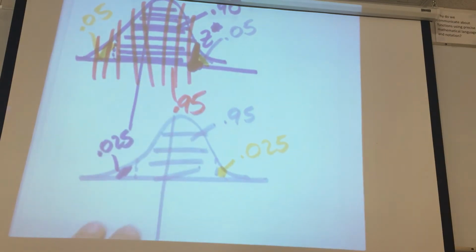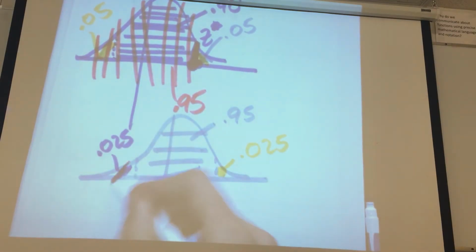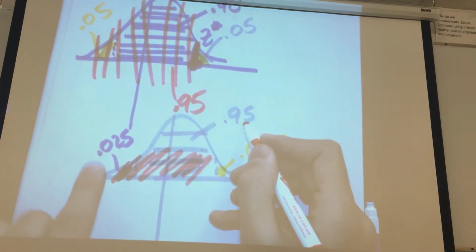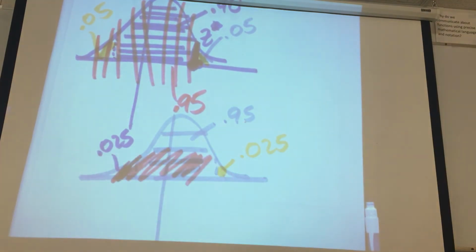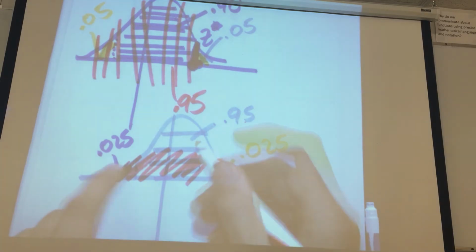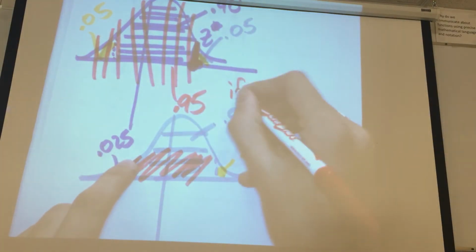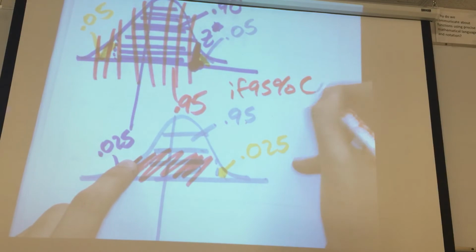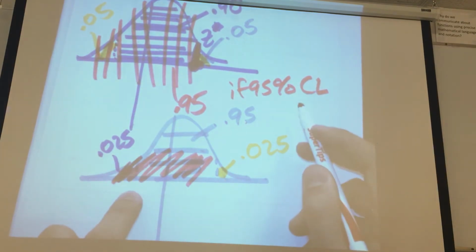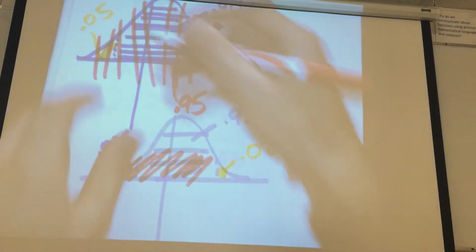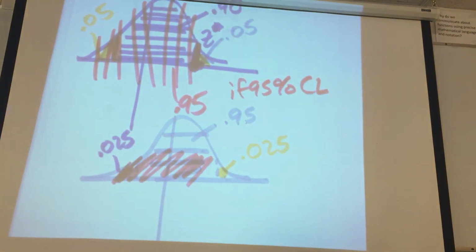So how much do I want? I would like all of this area. How much is that? 95 plus 0.025, 97.5. No? I can do it again. Why did it switch from 0.05 to 0.025? Because this one was asking for the 95% confidence level. This one was 90%. So here, there was 90. You sure? Yeah. Okay, so let's walk through how to do this.